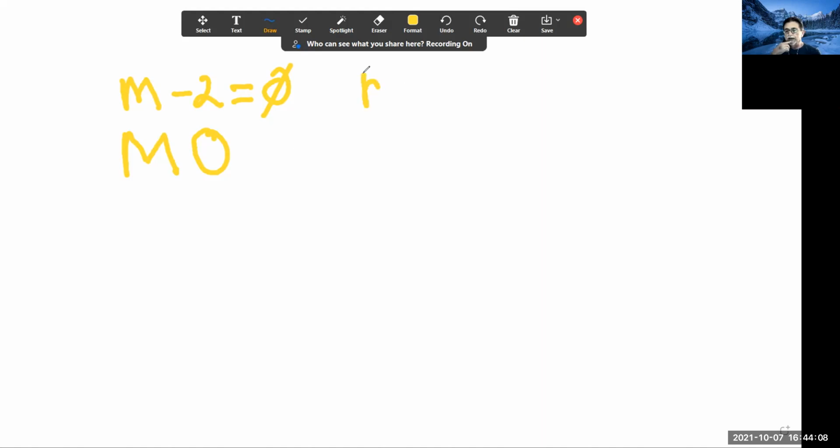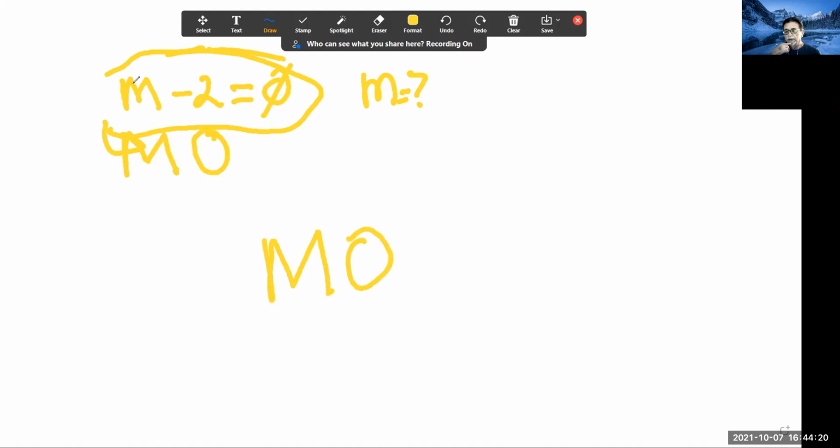What is the value for M given this? Let me redraw that over here. What must M be? What is the value of M given M minus 2 equals 0? Solve for M. 2.